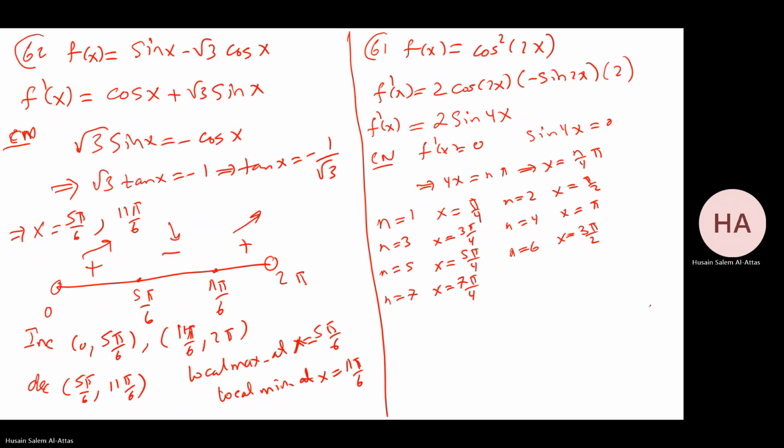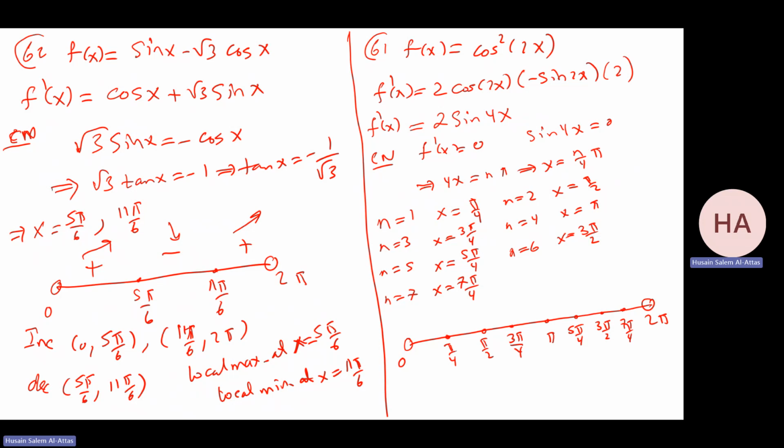So we list them. I will not write increasing, decreasing, I will leave it for you. This is 0, this is 2 pi, and here pi over 4, pi over 2, 3 pi over 4, pi, 5 pi over 4, 3 pi over 2, and 7 pi over 4.